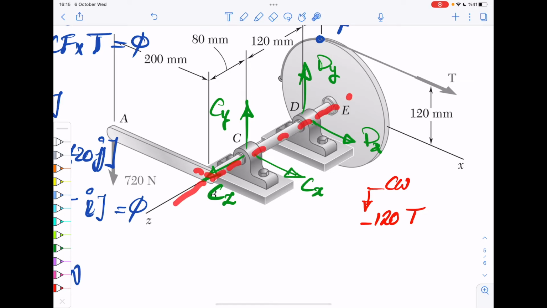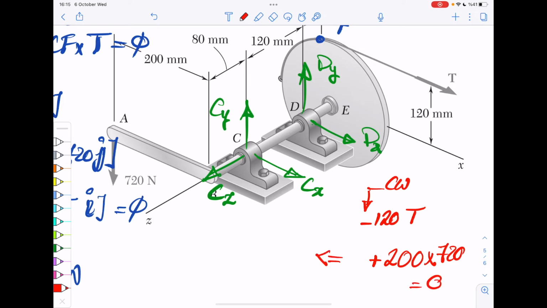And then from this one, the distance is this, which is 200 millimeters. And the force is 720, and it's counterclockwise, right? So it will cause a moment which looks like that. So it's counterclockwise, so plus 200 times 720 equals 0.